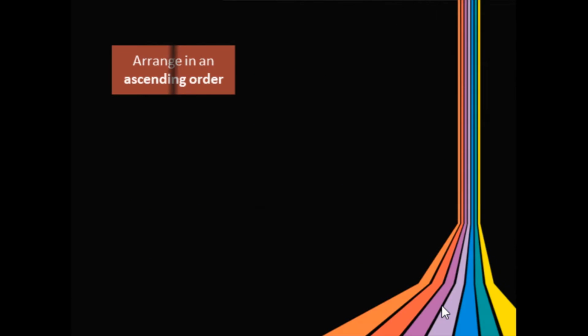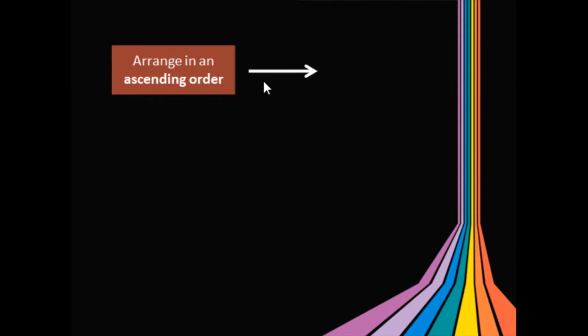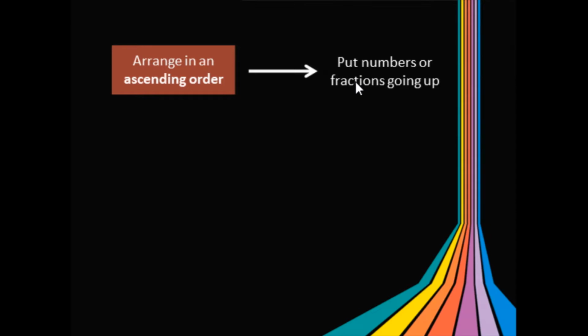Alright, then we had terms. First, we have arrange in an ascending order. Arrange is the same as order and compare. When we talk about ascending order, we arrange the fractions going up.